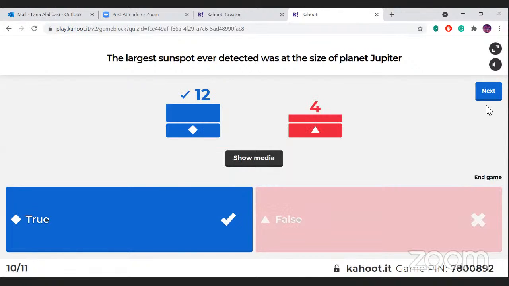So the correct answer is true. If you remember, we mentioned that the average size of a sunspot is actually the size of Earth, but the largest size observed is the size of planet Jupiter.